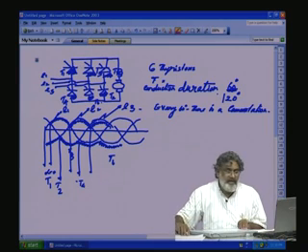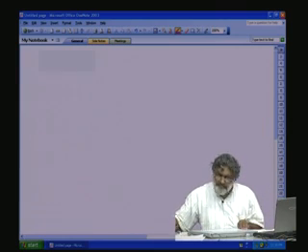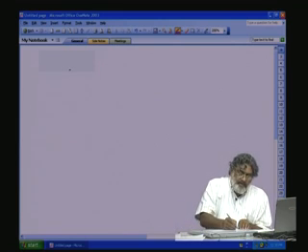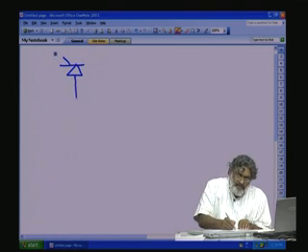So, let us go to the next page now. This is one thyristor, we will make it bigger.